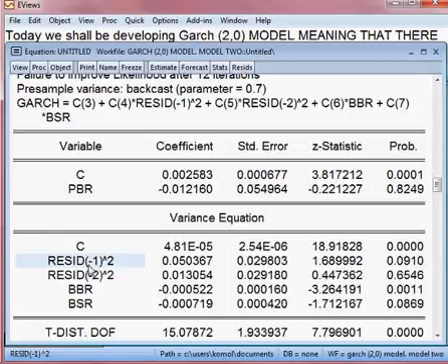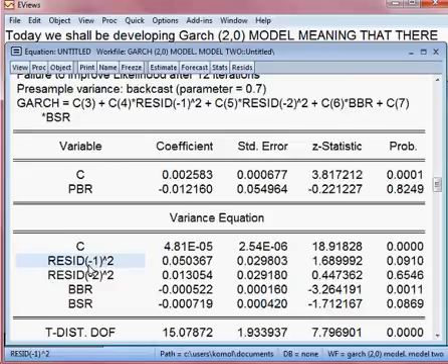ARCH refers to the previous period's squared residual. Or I can say previous day's bond return, previous day's information about the volatility of the Indian bond return.